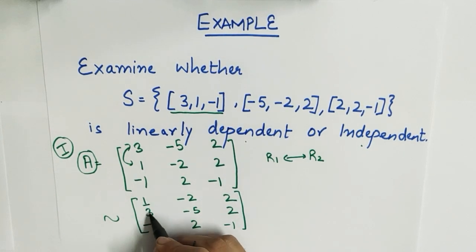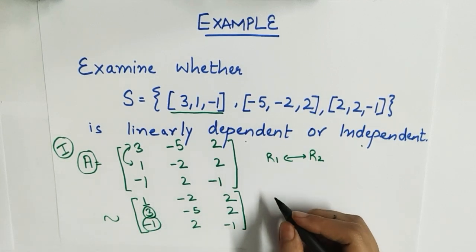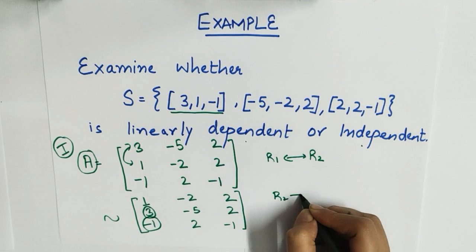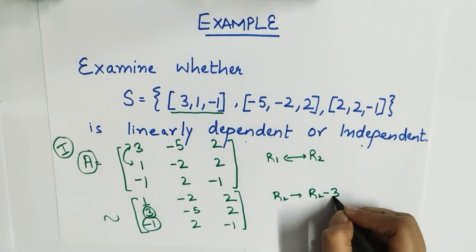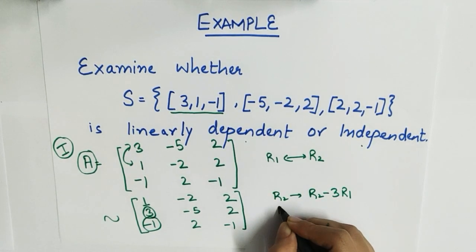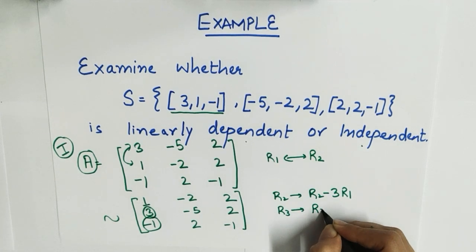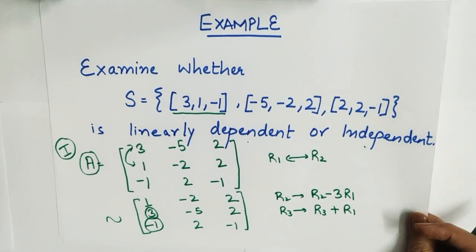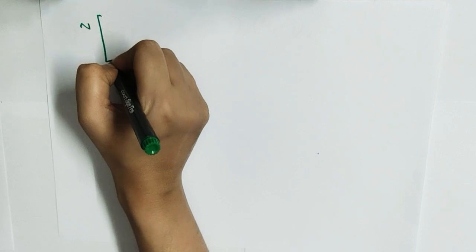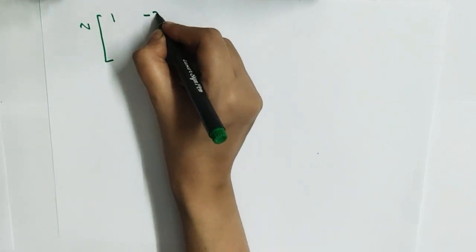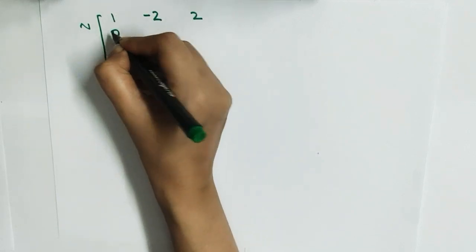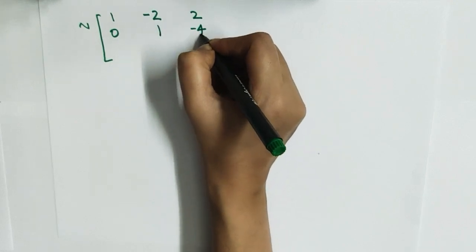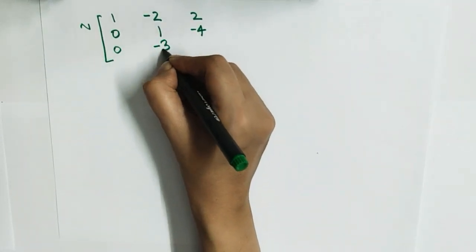Since this is 1 already, I try to make these entries 0. For this I apply the operations R2 goes to R2 minus 3 times R1 and R3 goes to R3 plus R1. After applying these two operations, my matrix A will be equivalent to [1, -2, 2; 0, 1, -4; 0, -3, 1].